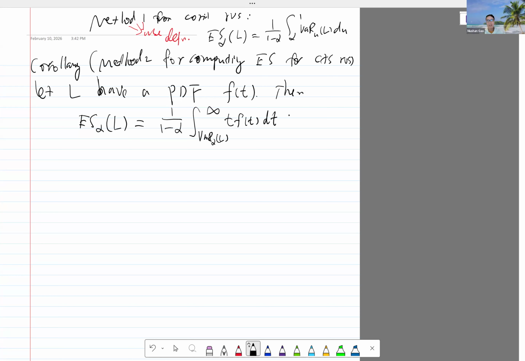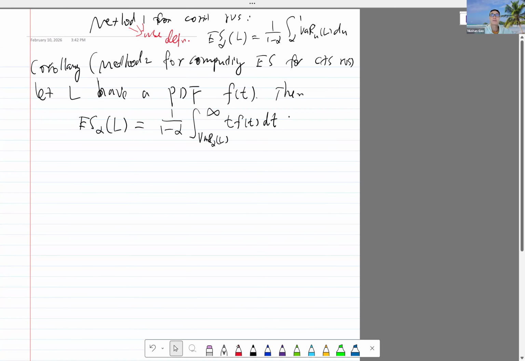Okay. Let's see how to do this one. What is nice about this one is that when you compare with the definition, you have to do integration of the value at risk.